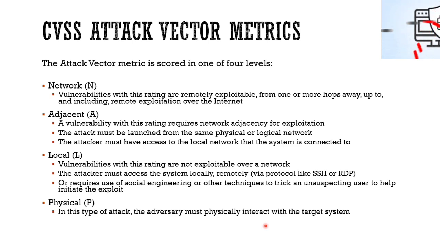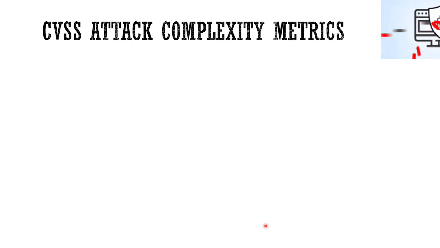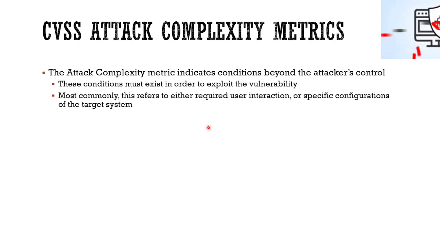We have complexity metrics. So this indicates conditions beyond the attacker's control, but which must be in place in order for the vulnerability to be exploited. So you either have got to get the user to inadvertently help you, or you've got to have specific configurations or misconfigurations or non-configurations that we can take advantage of on that target. So you'll have low or high. No specific preconditions, this would be low.